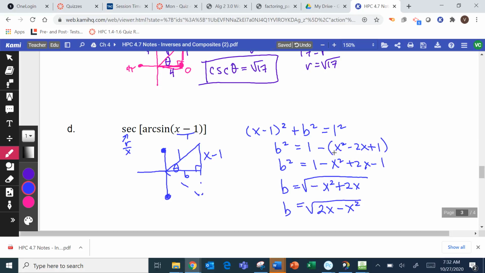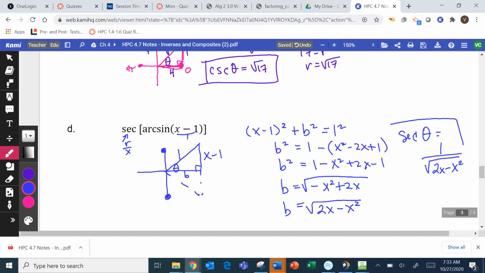Now we have to find secant, which is radius over x. So we'll do our radius, which is 1, over our b value. And we have our secant.